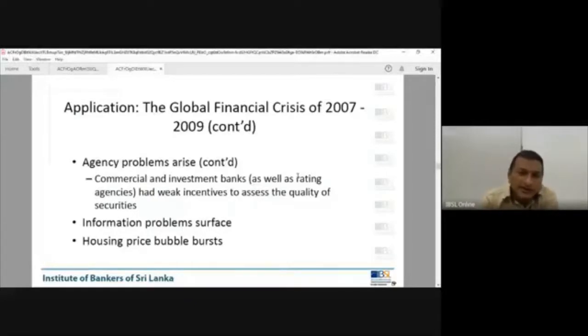So when you see this type of probabilities building up, the information asymmetry is building up in the economy as a whole. So when you are moving in that circumstance, when a price bubble bursts, it's like you are crashing down from the air.